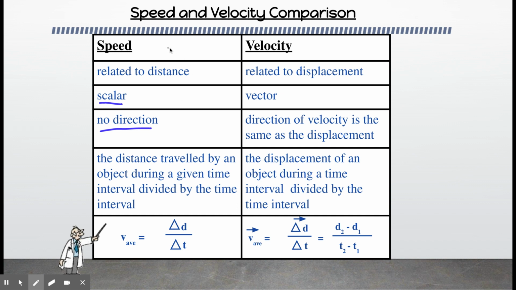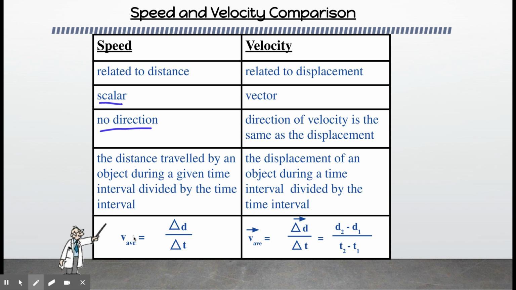So what you're going to learn, and you're going to look at the formula for it, we use V to represent speed. You'll notice there's no arrow on top because it's not a vector. We use distance to calculate speed because distance is also a scalar. So basically, in regards to formulas, scalars match up with scalars, vectors match up with vectors.